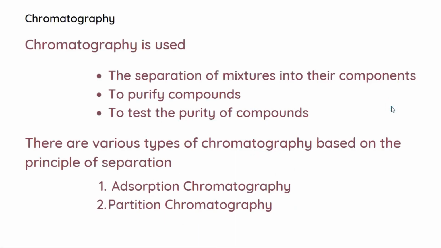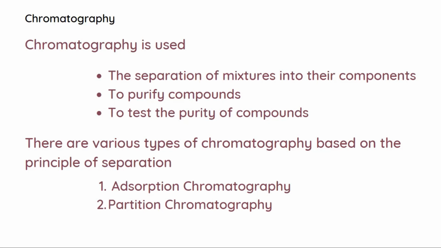The last is chromatography. The basic principle for chromatography is the separation of the compound and its impurities in the stationary as well as the mobile phase. The mobile phase will also make sure that the compounds get separated, and you can elute the respective compounds based on the stationary phase.